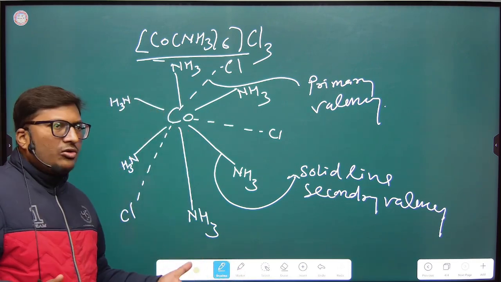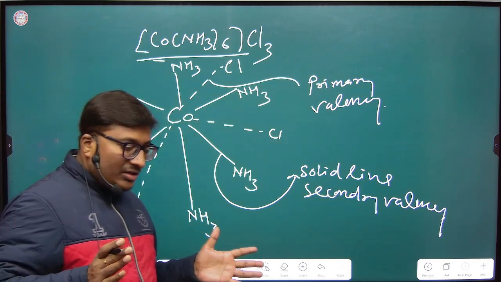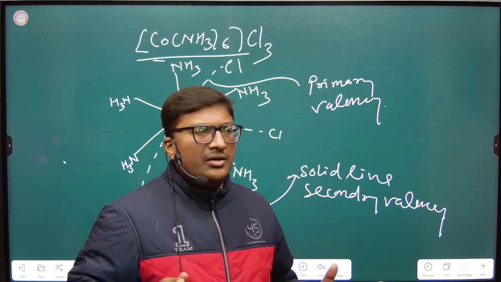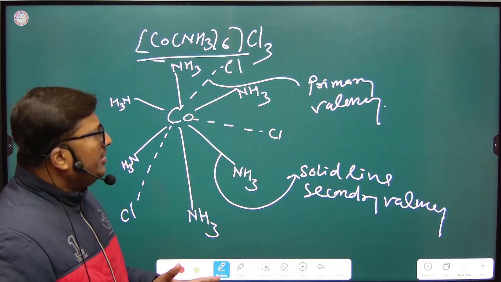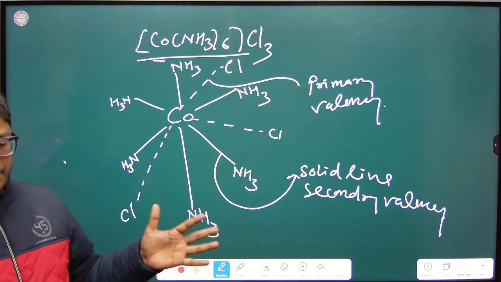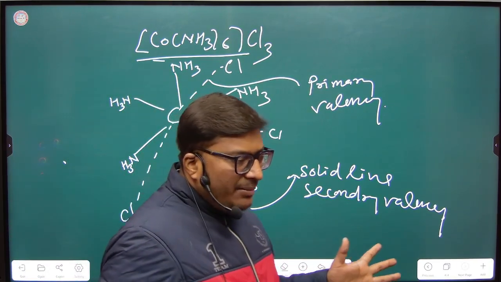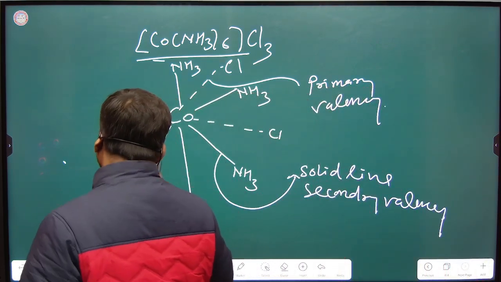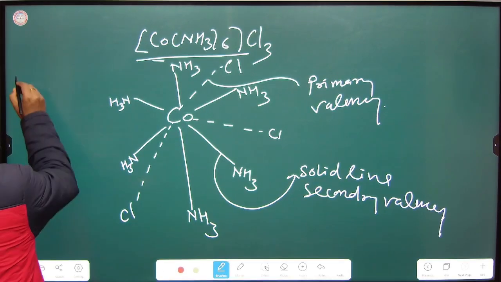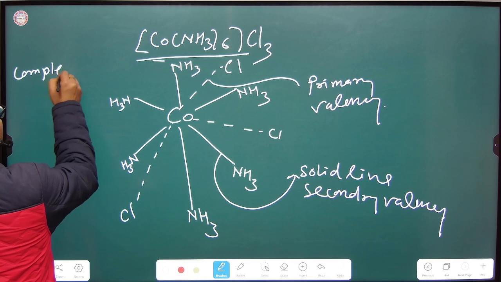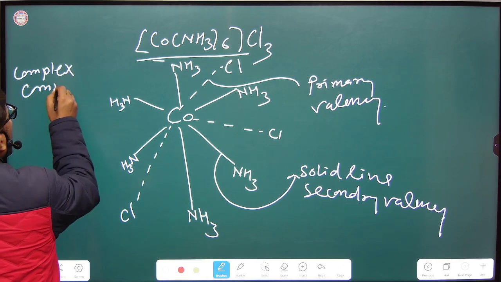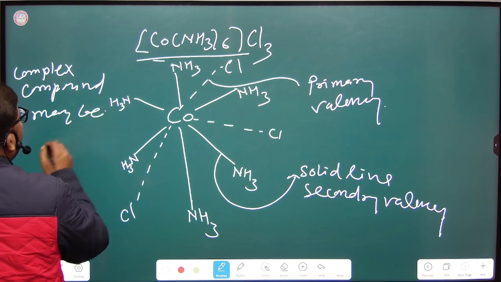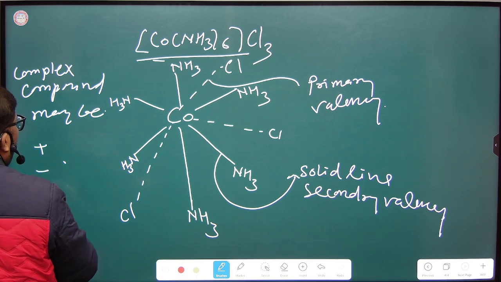Each complex or coordination compound possesses a coordination number, which is the secondary valency, and a primary valency. Primary valency depends on the oxidation number of the metal. On the basis of oxidation number, the complex may be positive, negative, or neutral.